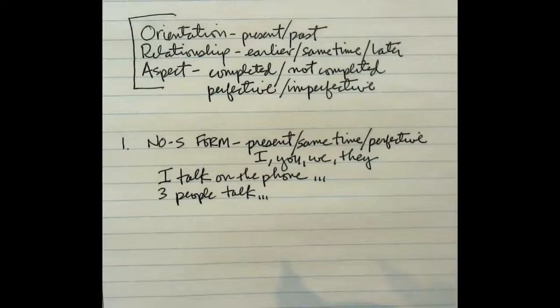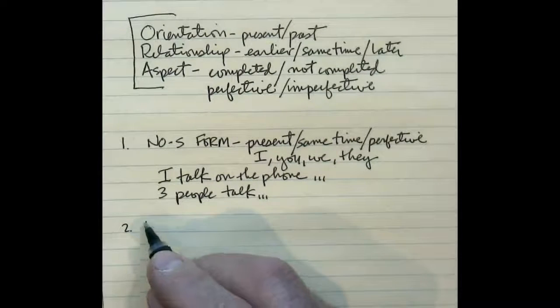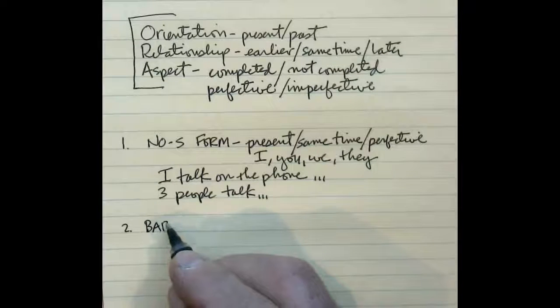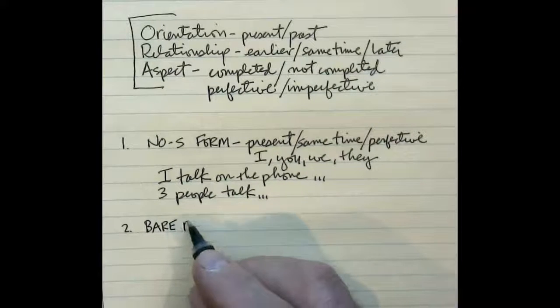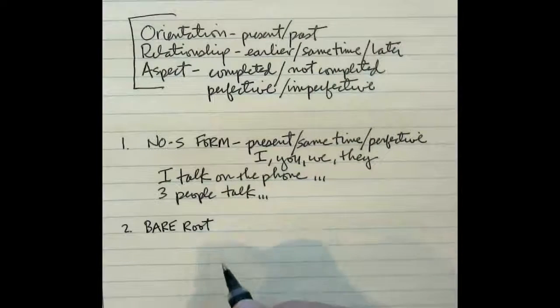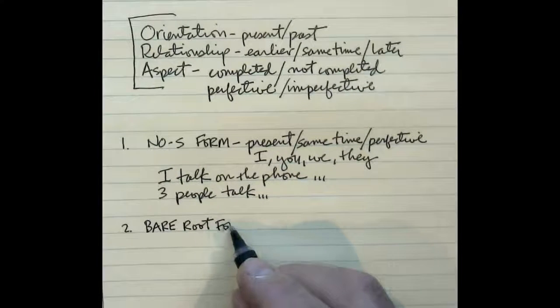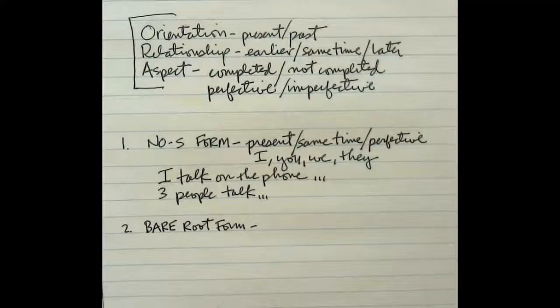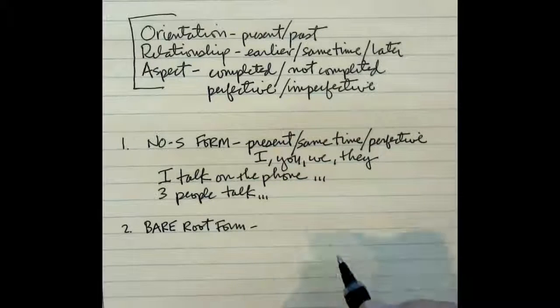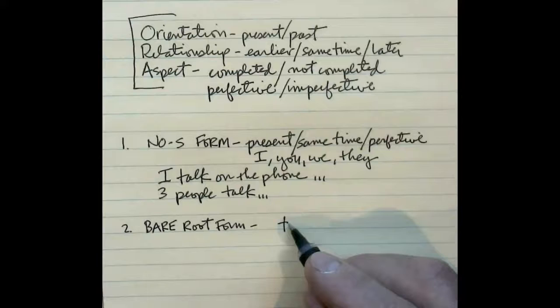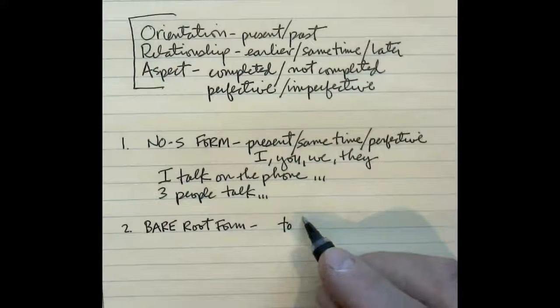The second form is called the bare root form. Now, why do we call it bare root? Because in English, we talk about the infinitive, but the truth is the infinitive in English is to together with the verb.